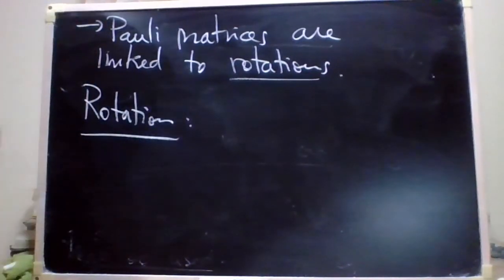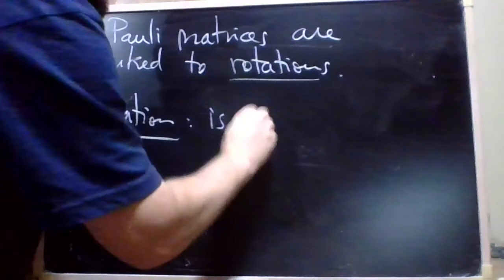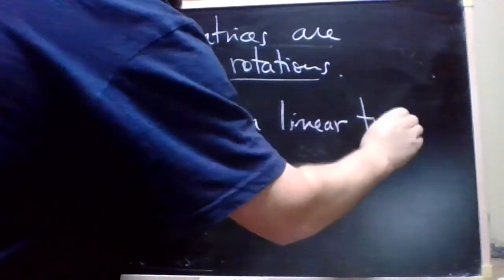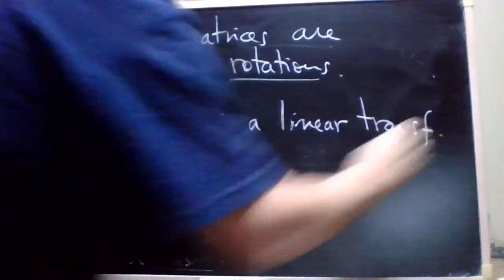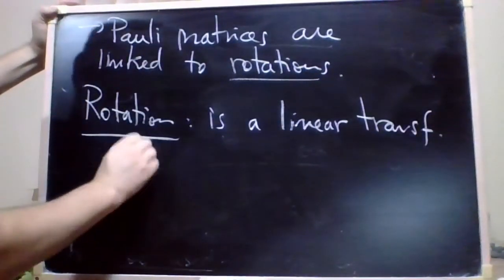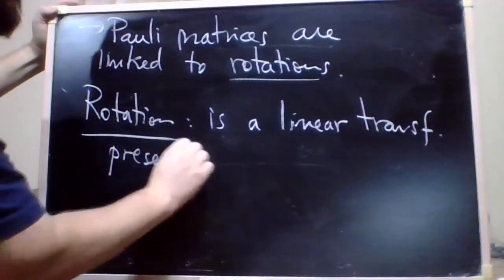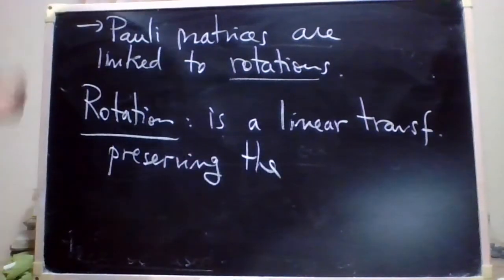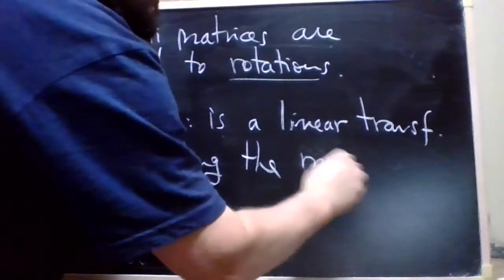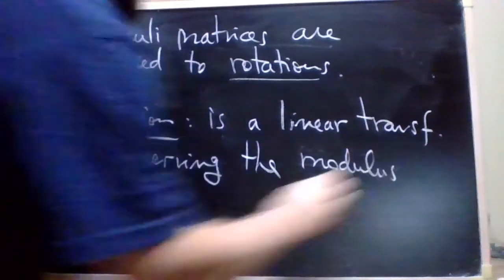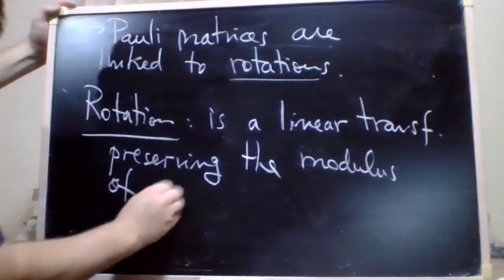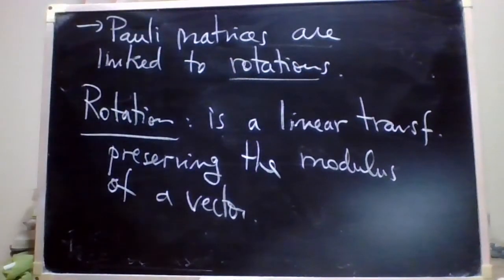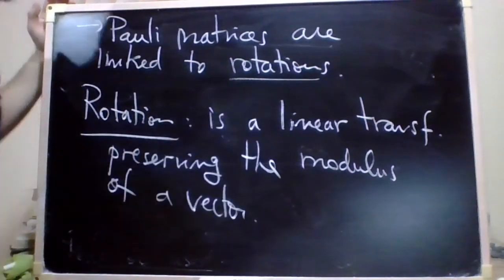A rotation is a linear transformation preserving the size or the modulus of a vector. All right? It is not a translation, all right?